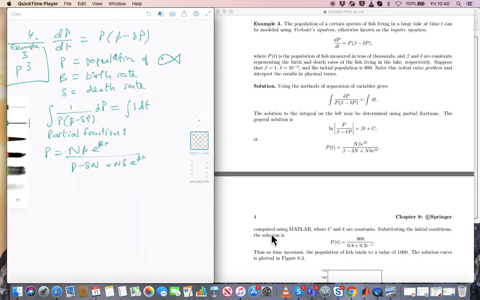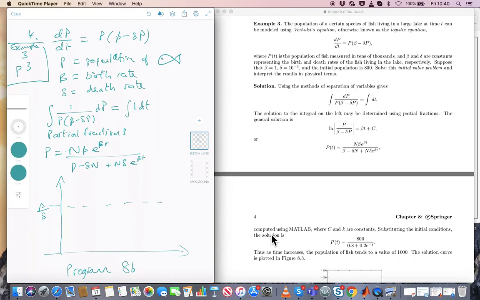Now when we plot the solution curves to this, I'm going to give you the MATLAB program. We will have a look at the programs later. Then we have what's called a carrying capacity of the lake, which is given by beta over delta. So the birth rate divided by the death rate gives us something called the carrying capacity.